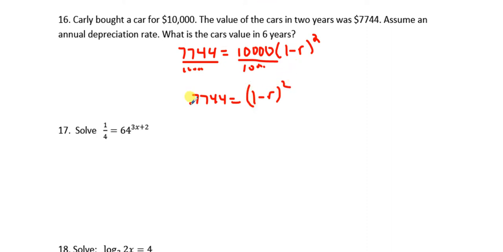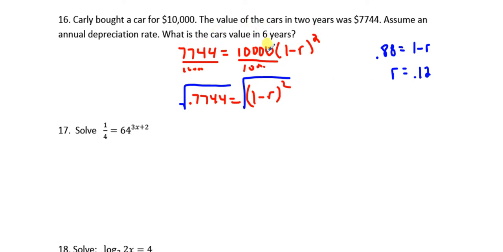To solve for that, take the square root of both sides. The square root of 0.7744 is 0.88, equals 1 minus r. And if you solve for r, r equals 0.12. So that's our depreciation rate, 12%. We're going down every year.